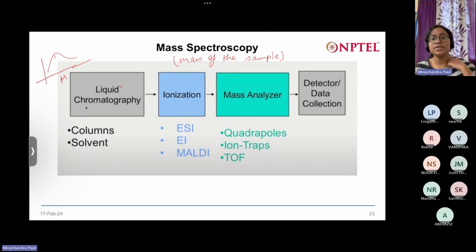Or if your sample is volatile, if it is in gas form, then you can use gas chromatography as well. Now these fractions of sample are passed through an ionizer. The role of the ionizer is to make the sample charged. If it is not charged, then it won't be able to interact with the field, magnetic field or electric field.